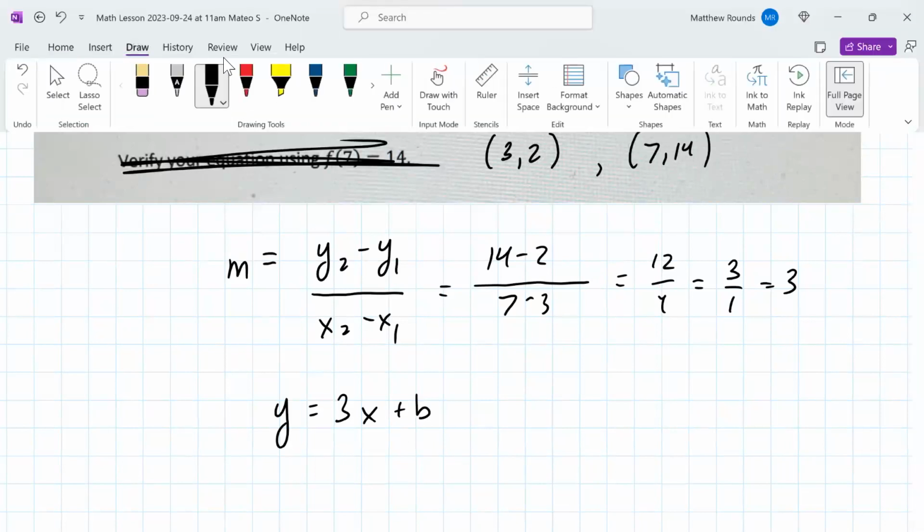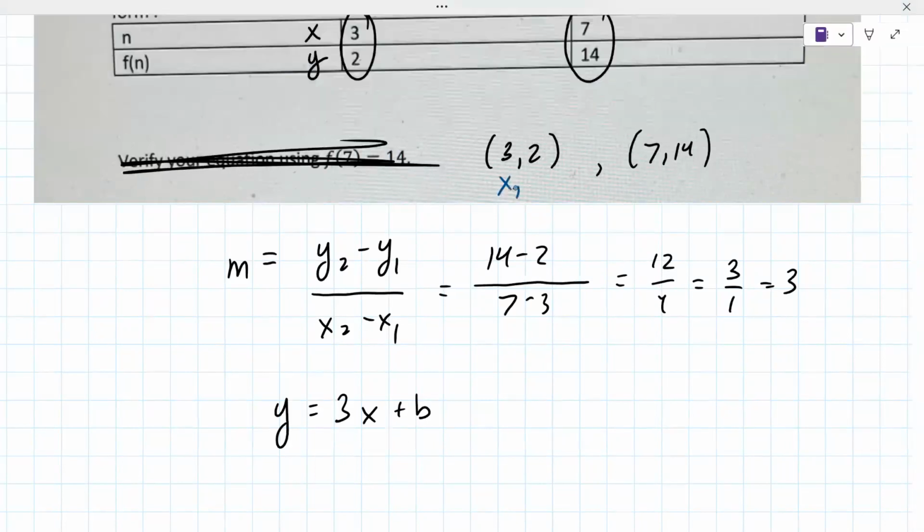Now you can treat this as x and y. Will you put 3 in for x down here and 2 in for y down here and solve that for b for us, please?